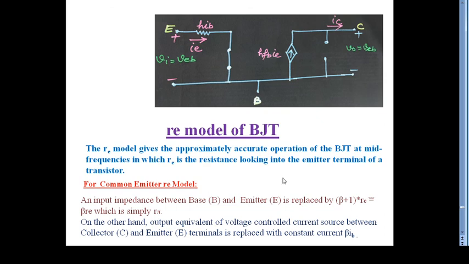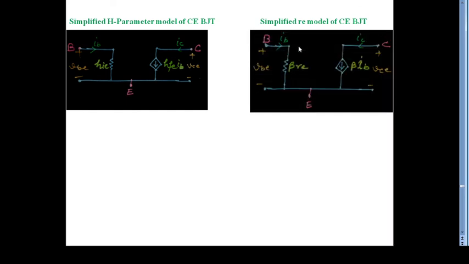So we can draw the simplified H parameter model. Now instead of HIE, we write beta RE, because this is R pi, beta plus 1 RE, or simply beta RE, and this current is beta IB. So this one is the common emitter case.